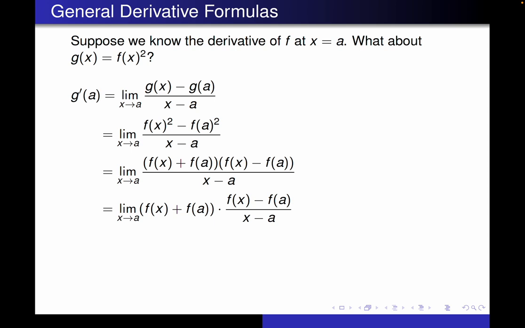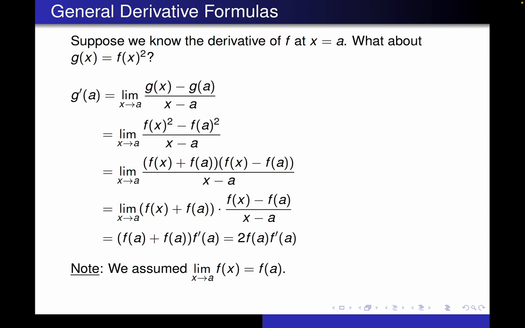We can multiply those limits together. So the left factor goes to f of a plus f of a. The right factor goes to f prime of a. That gives you 2 times f of a, f prime of a. Pretty nice. So if we know f of a and we know the derivative, f prime of a, we can find the derivative of g.